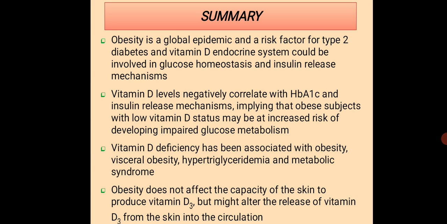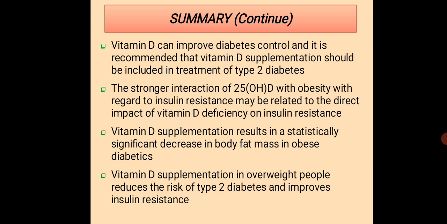Obesity does not affect the capacity of the skin to produce vitamin D3, but might alter the release of vitamin D3 from the skin into the circulation. Vitamin D can improve diabetes control, and it is recommended that vitamin D supplementation should be included in treatment of type 2 diabetes.